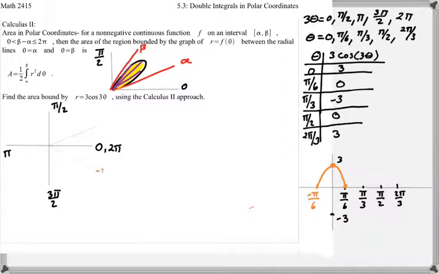So we'll put out our radial lines, negative pi over 6 and pi over 6, and then 3, and then we'll do our sketch of our rose petal. So there's our first rose petal. Okay, now we'll do our second rose petal.